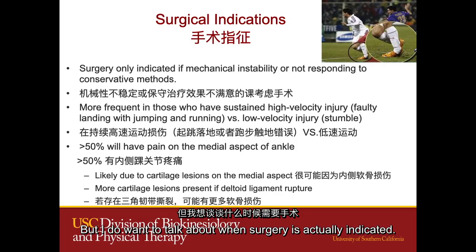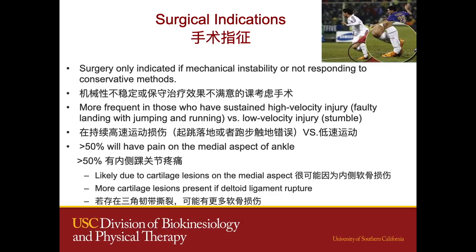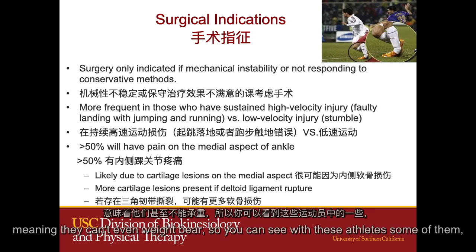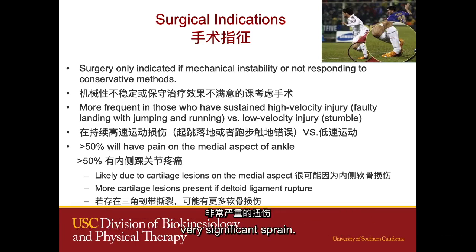But I do want to talk about when surgery is actually indicated. Basically, we try conservative treatment first, for pretty much everybody. If conservative treatment is not helpful, or there's significant mechanical instability, meaning they can't even weight bear, as you can see with some of these athletes with a very significant sprain, then they may choose to do surgery.